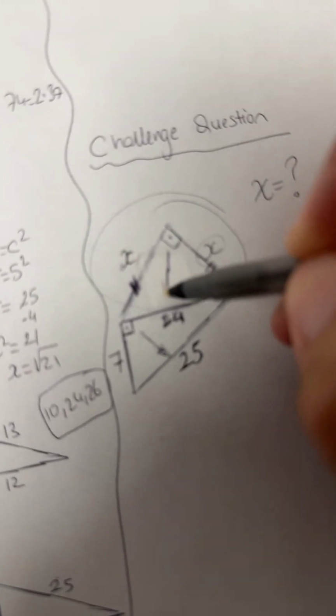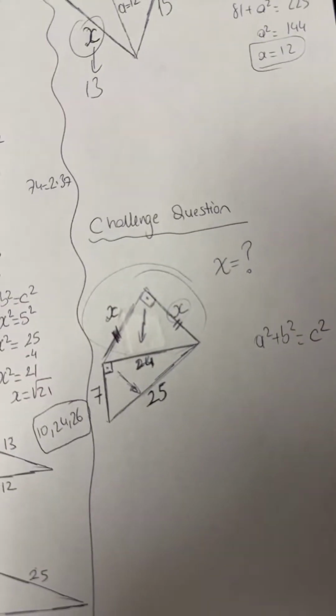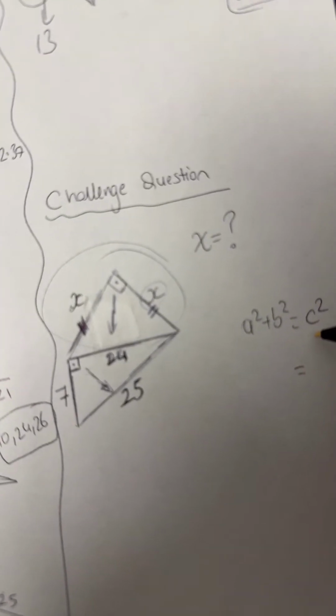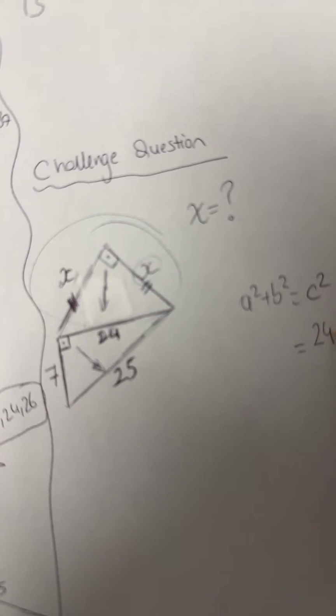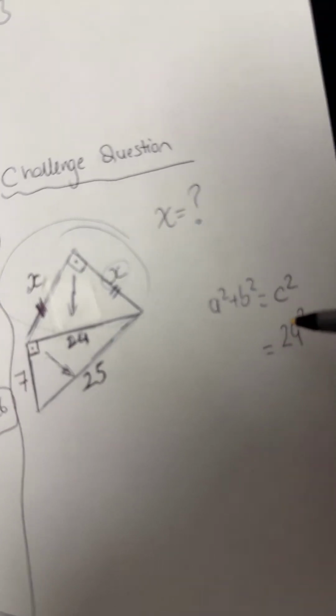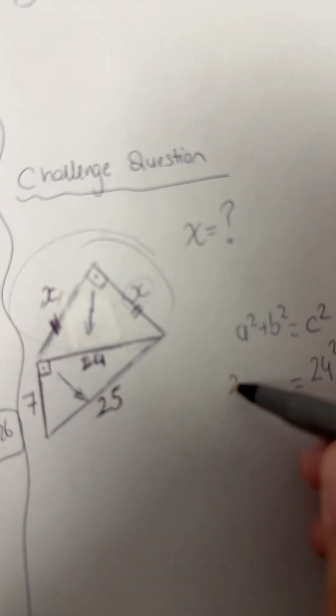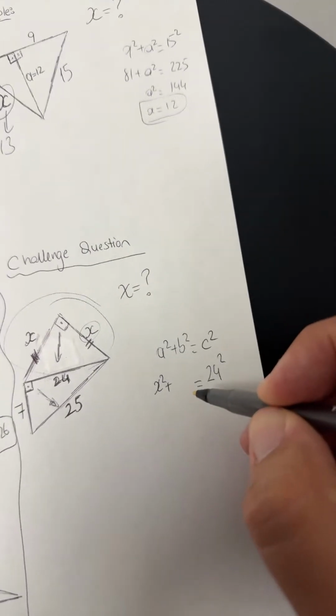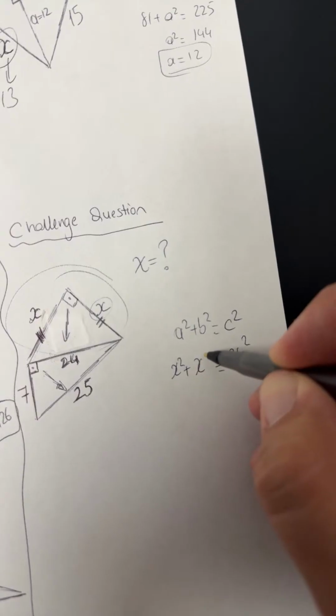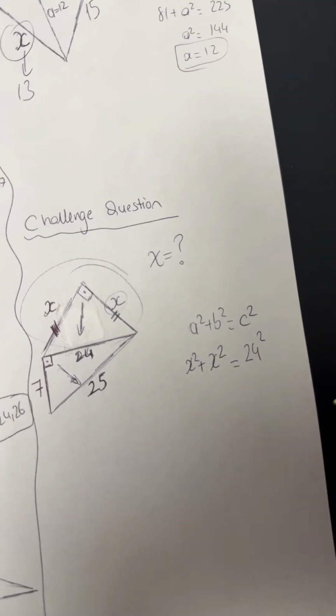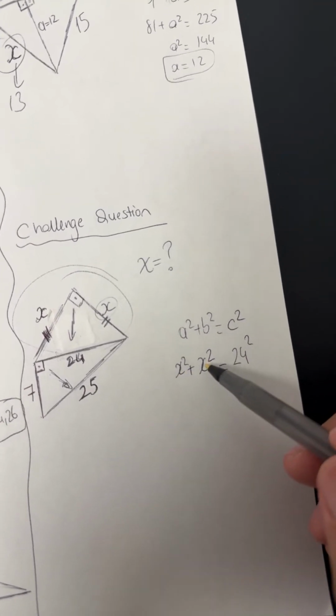The side opposite to 90 is always c. Always identify that first. And c is 24, so it's 24 squared. a and b, the other two legs, are x's. So this is x squared plus x squared. What is x squared plus x squared?